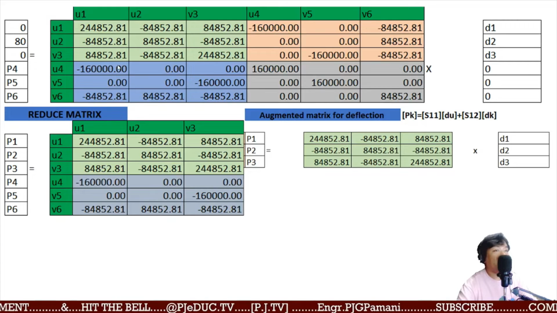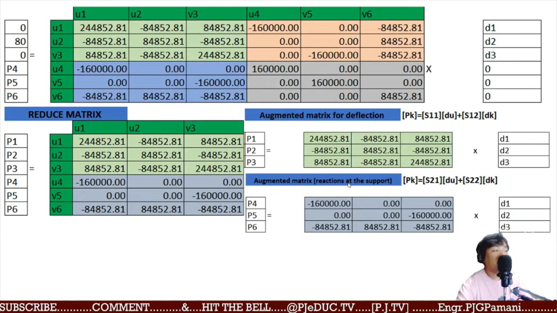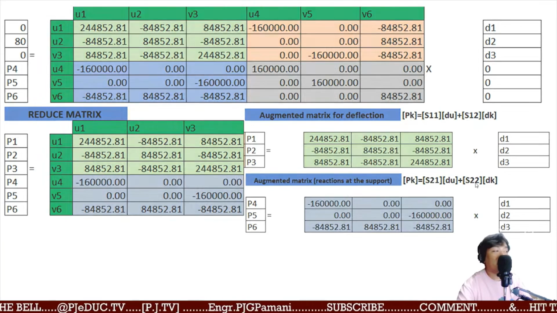So that is P1 to 3 and this matrix times this. Then the augmented matrix for the reactions, the unknown forces or support forces: this matrix times the unknown deflection, plus this matrix times the known deflection, using that formula.